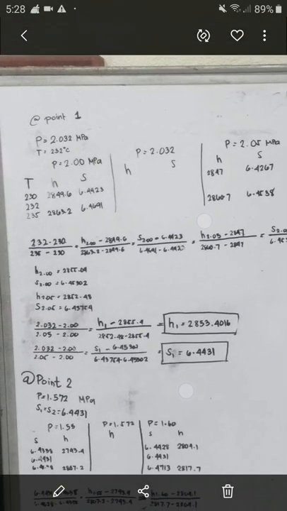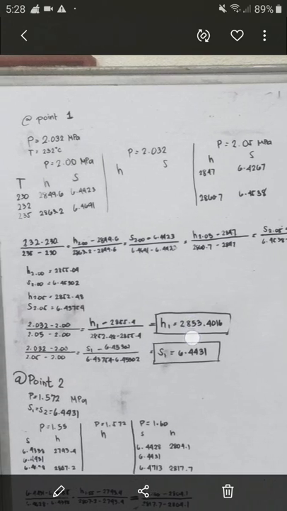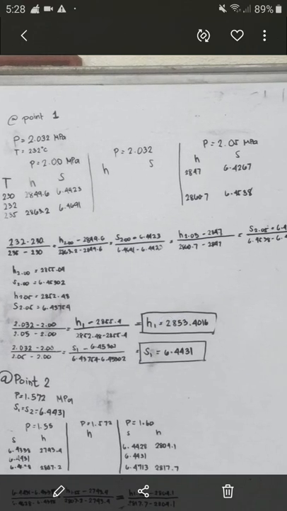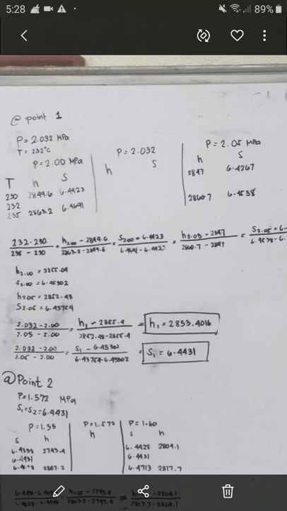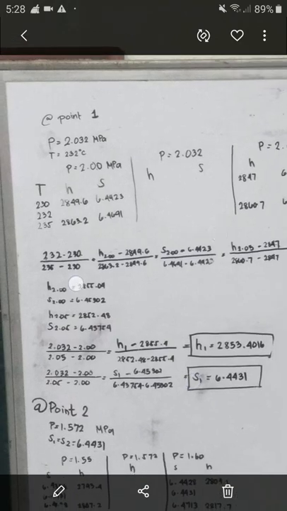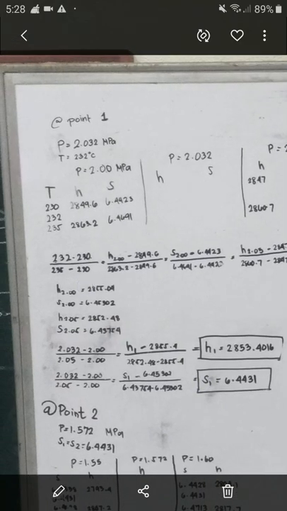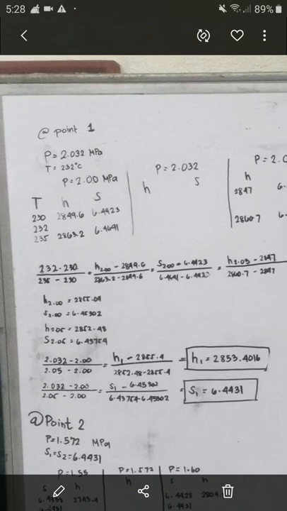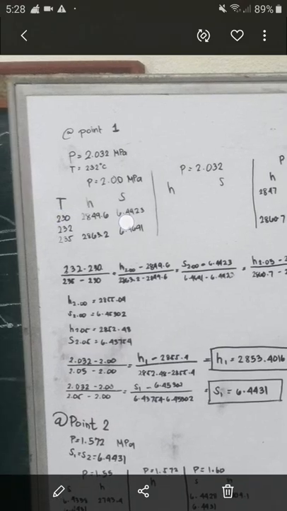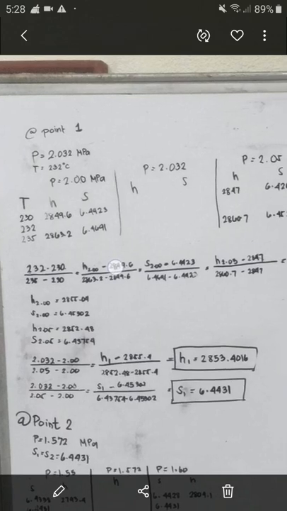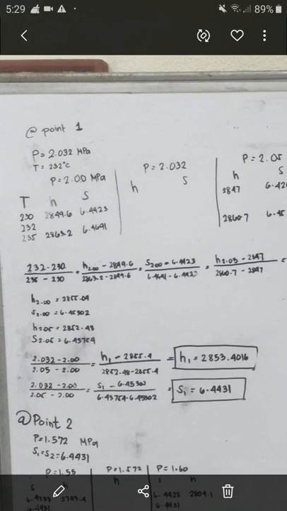To find the entropy and enthalpy, the equation uses 232 degrees Celsius minus 230 at this pressure. We first solve the enthalpy.